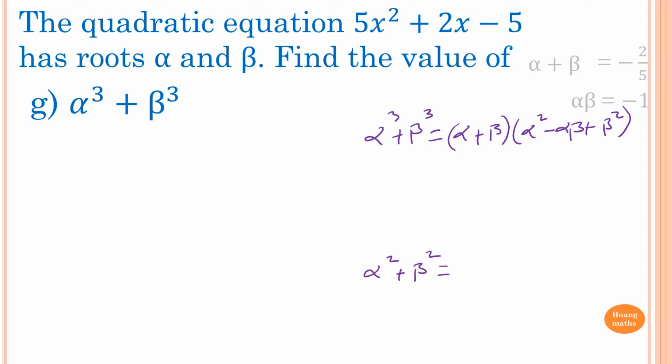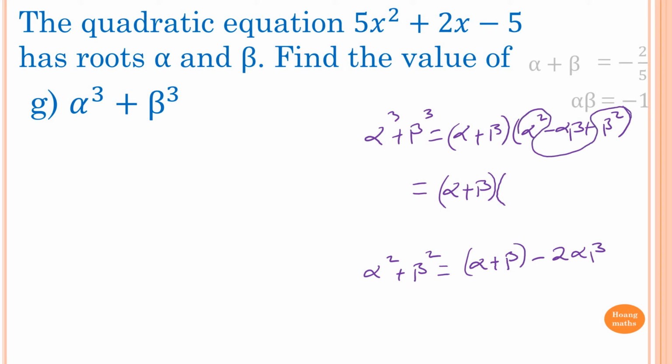We know that is equal to alpha plus beta squared minus 2 alpha beta. So now this is alpha plus beta, and then alpha square plus beta square gives me this one here.